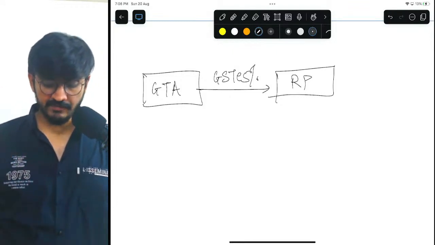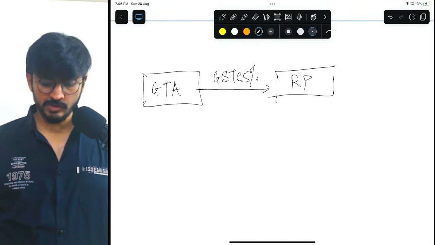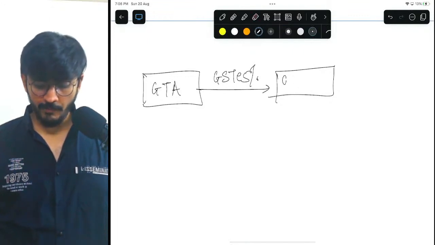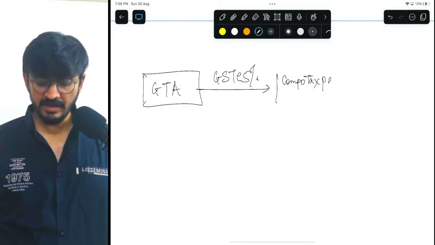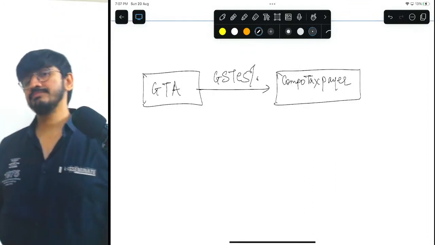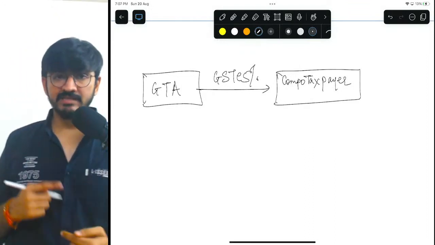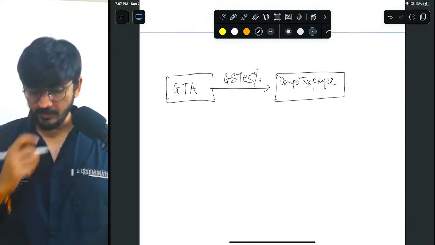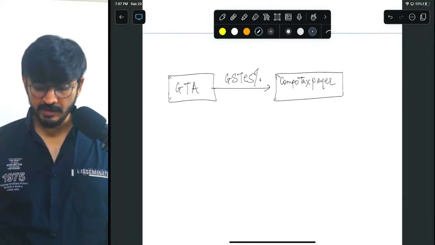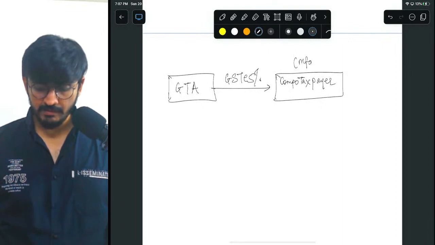So in this case, let's say this registered person happens to be a compo taxpayer, right? Then in that case, understand he will have to pay tax as per RCM. So now understand one thing, that this compo taxpayer is nothing but a manufacturer.